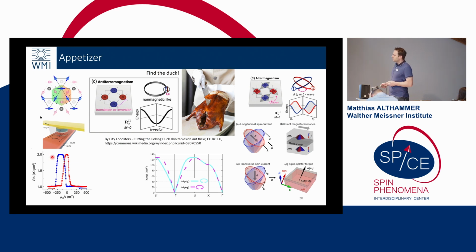But this is already so far that you can even go for tunneling magnetoresistance experiments now in these structures. In altermagnetism, things start now, but you have also this prospect of going for magnetoresistance effects. So it could be that there's a giant magnetoresistance effect that you can study, and you also can use it for spin splitter torque. But there are also nice things that you might be able to learn about the other excitations that you find in these altermagnetic structures.